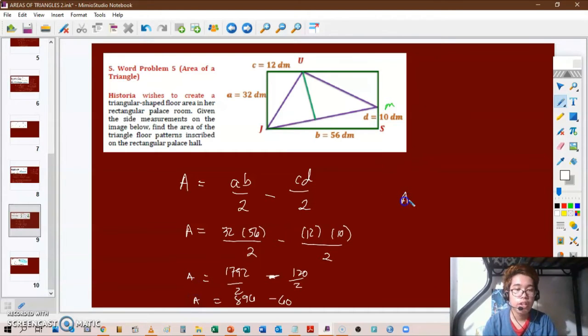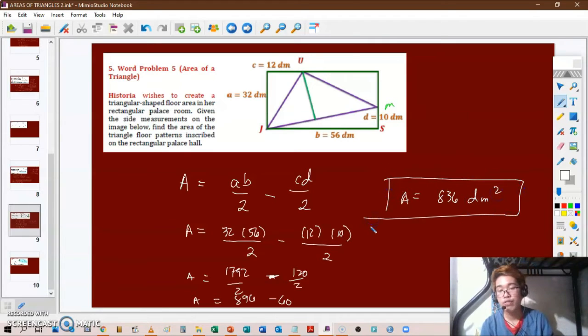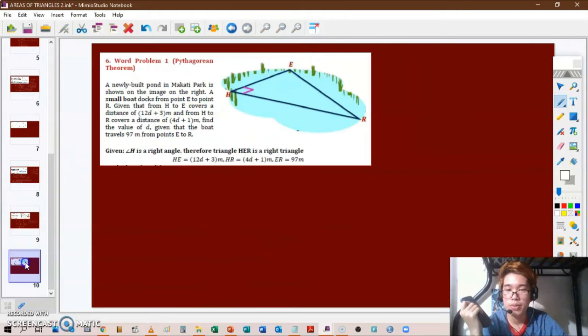So therefore the area of the triangle pattern for Historia's palace is going to be 836 square decimeters.